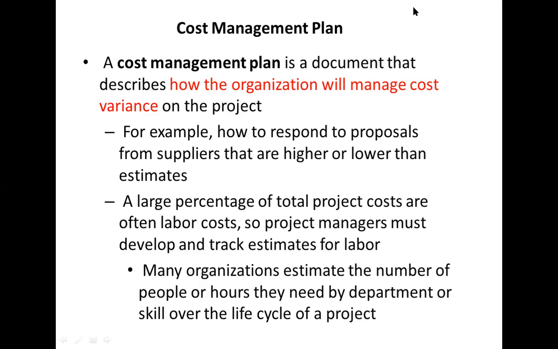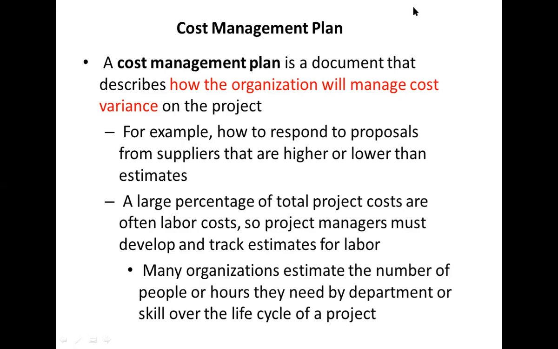For example, it should mention how we can select the proposals from the suppliers that are higher or lower than the estimates. So assume in the previous example, we try to buy 1,000 computers. So we have some proposals from the suppliers, and we have a definitive estimate.